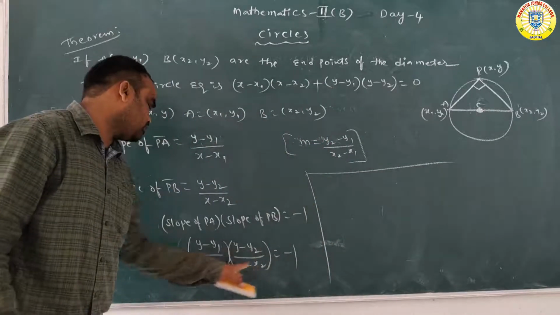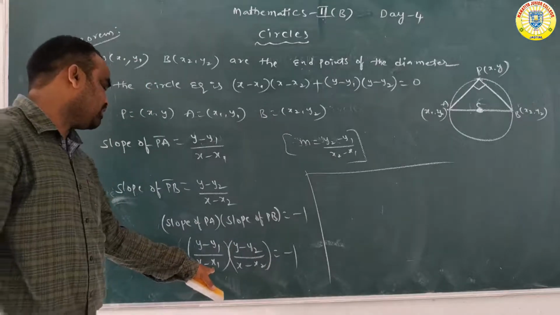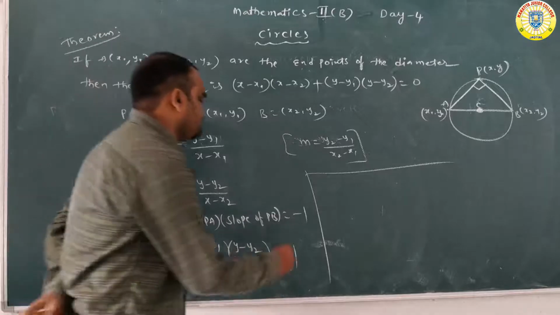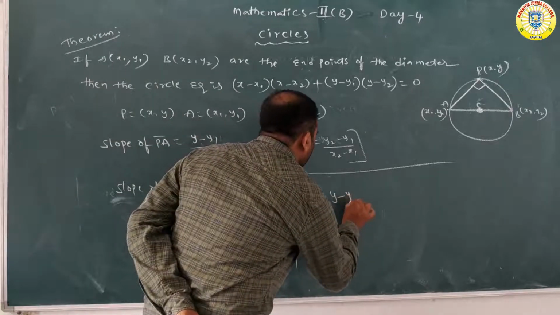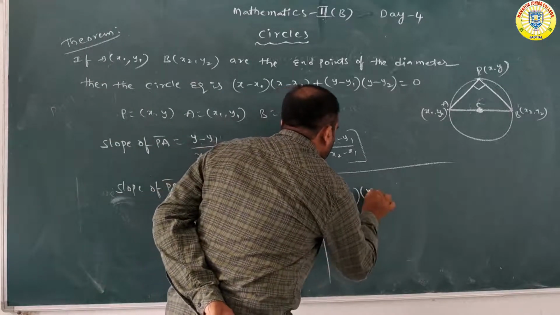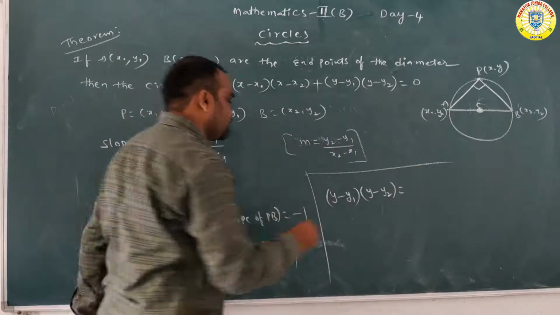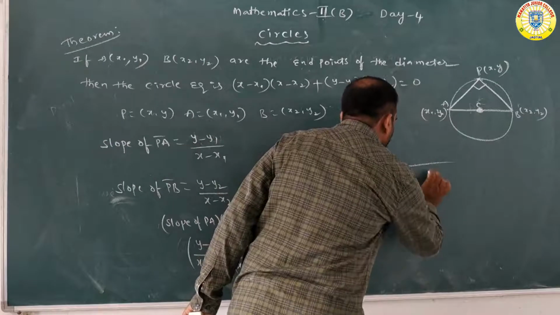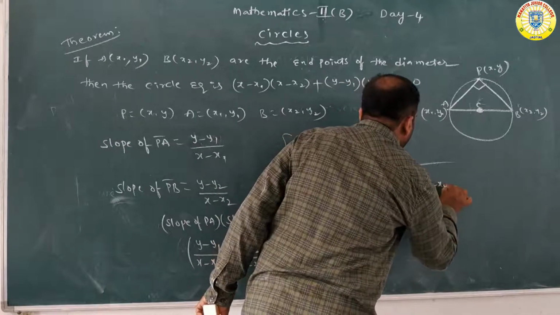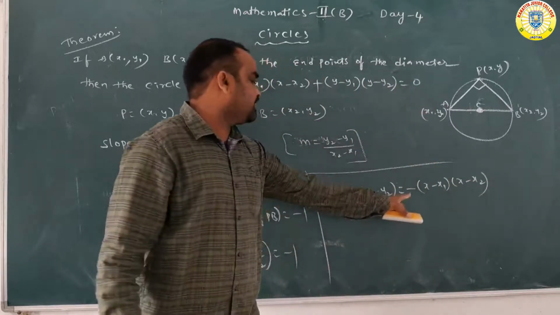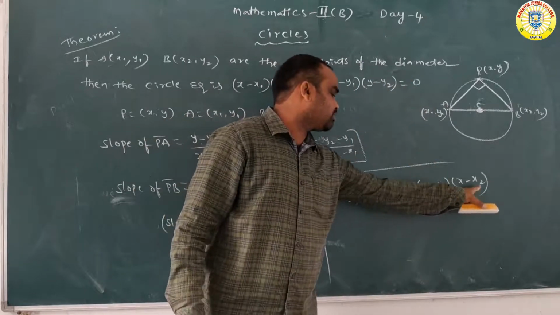Now we do cross multiplication: (y - y1)(y - y2) = -(x - x1)(x - x2).